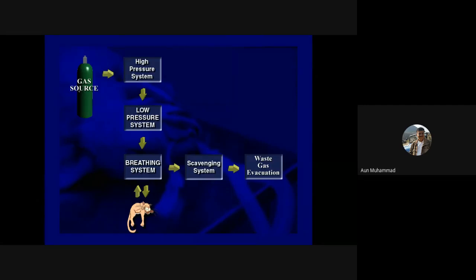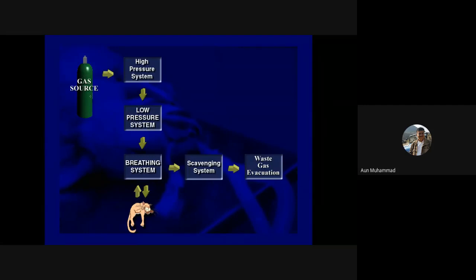In bigger setups, the huge tanks are connected outside of the operation theater, and the oxygen is carried into the operation theater and connected directly with the anesthesia machine as well as to the different beds of the patients where they require oxygen supply.